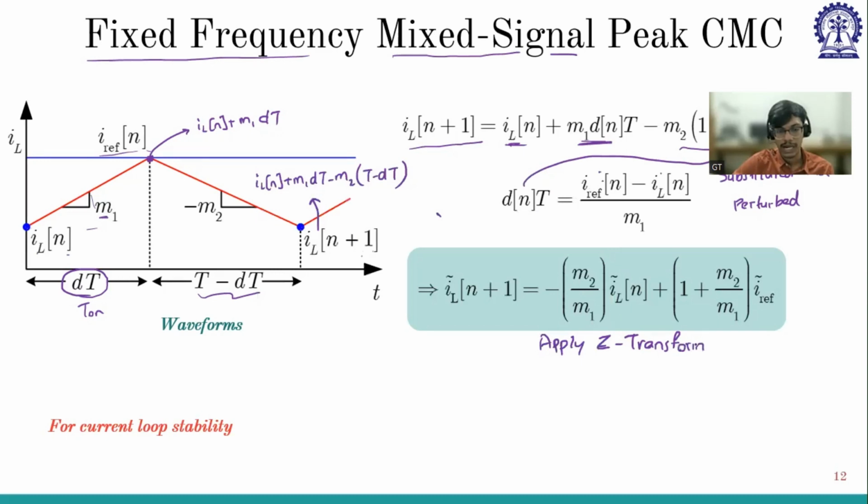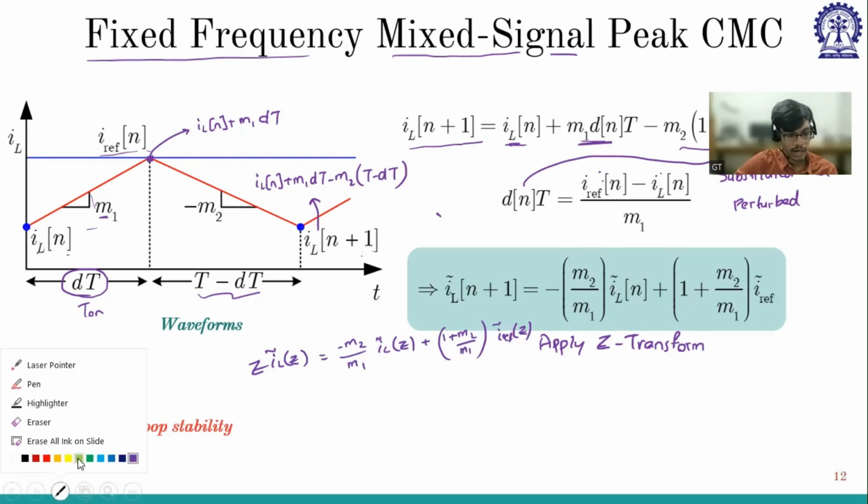If I apply the Z transform, what shall I get? I'll get Z into IL perturb of Z, since this is n plus 1. So Z into IL perturb of Z is equal to minus m2 by m1 into IL perturb of Z plus m2 by m1 into I reference perturb of Z. So I have applied the Z transform and written the final expression.